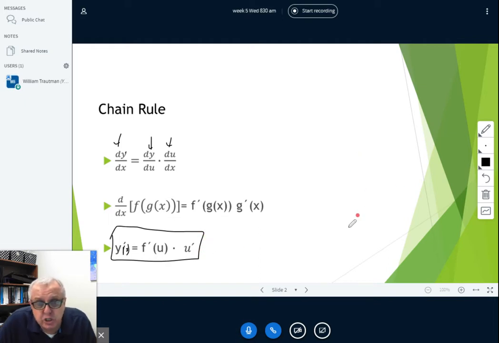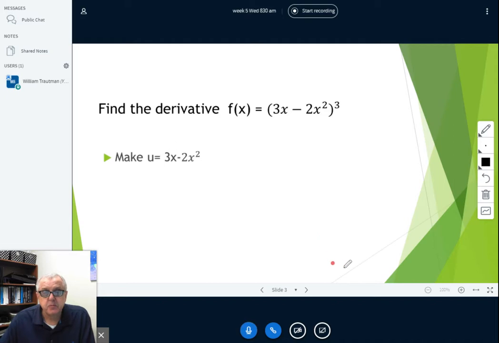So let's take a look at a problem here. The only way you could take the derivative of this function is if you multiply this all out to the third power, FOIL it, distribute it all out and multiply it.